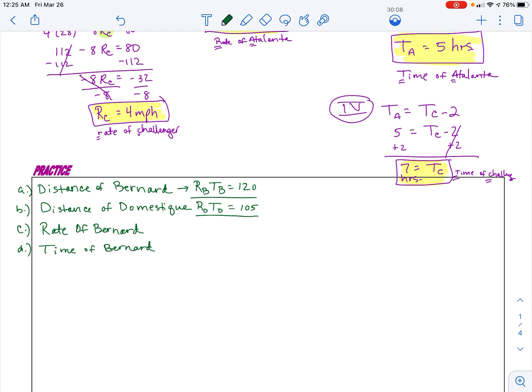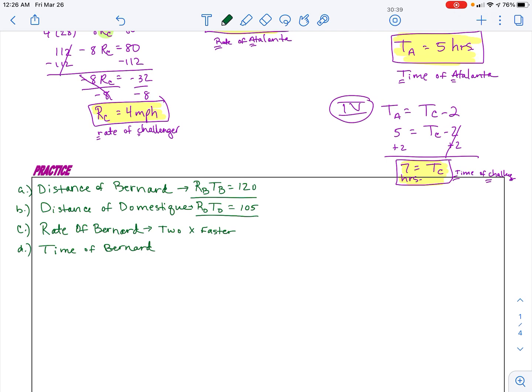What is the rate of Bernard? All right, now we've got to figure out what is rate. Rate is speed, miles per hour. Okay, so let's go back into the problem and see if we can come up with an equation for his rate. All right, so Bernard, and I'm going to write this out. Bernard raced twice as fast. So I'm going to rewrite that as 2 times faster.